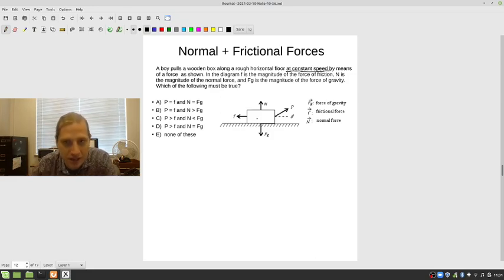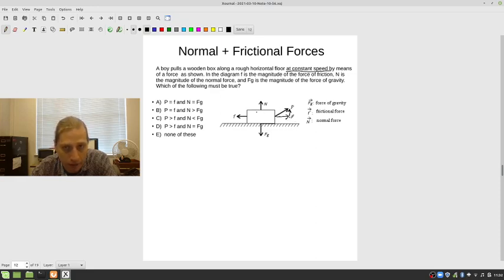So in this case, it's asking me questions about the force of friction, F, N, the magnitude of the normal force, and Fg, the magnitude of the force of gravity. It wants you to compare P and F, and N and Fg. Well, P in this problem is up at an angle, so it's going to have part of its pull along the x direction and part of its pull along the y direction.